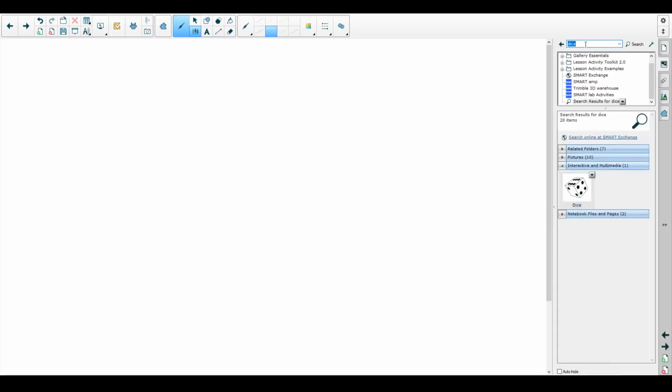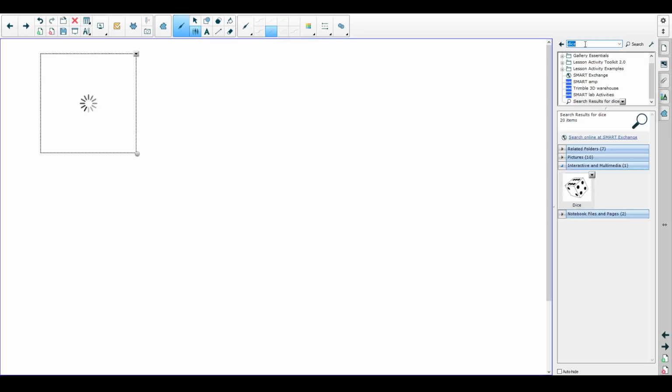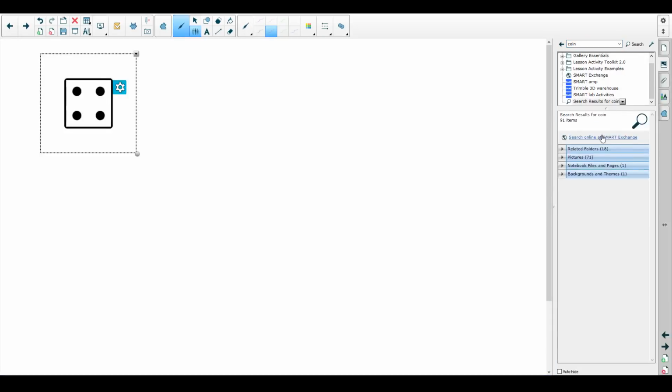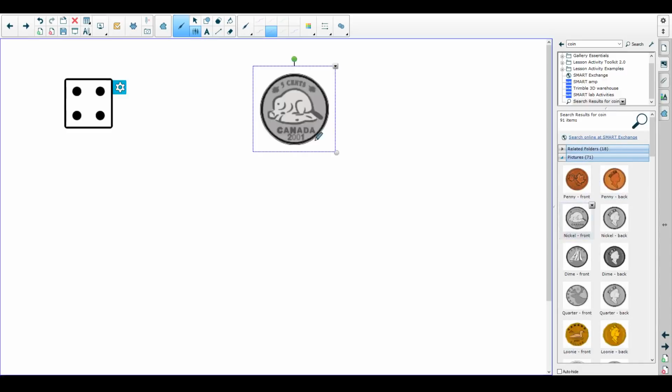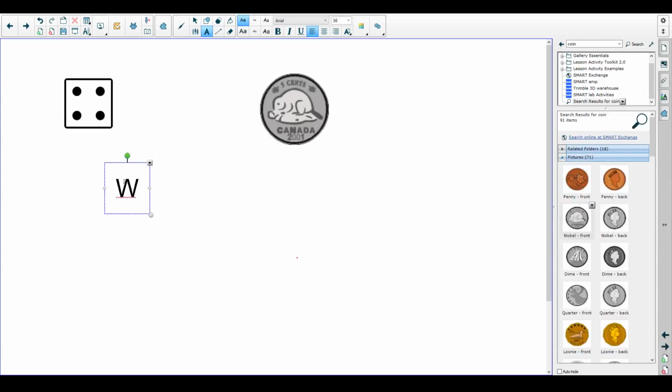All right, let's keep the dice. I mean, fair number cube. What else can we talk about? I like this Canadian nickel. All right, what is the sample space for one fair number cube and one Canadian nickel? Or, no, I don't want sample space.